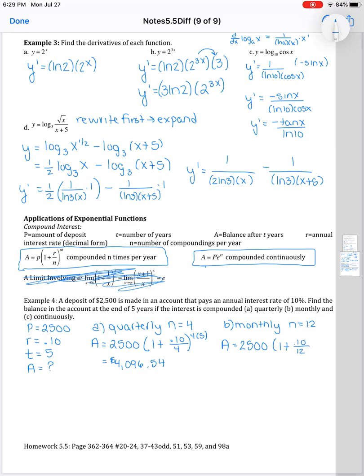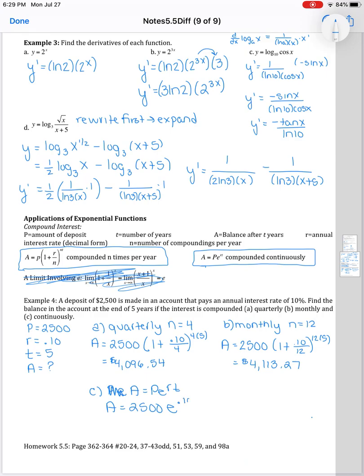Be careful how much you simplify at once here. I'm actually going to write it underneath it. And we end up with a value for this of $4,096.54. For B, if we're compounding monthly, that means N is equal to 12.